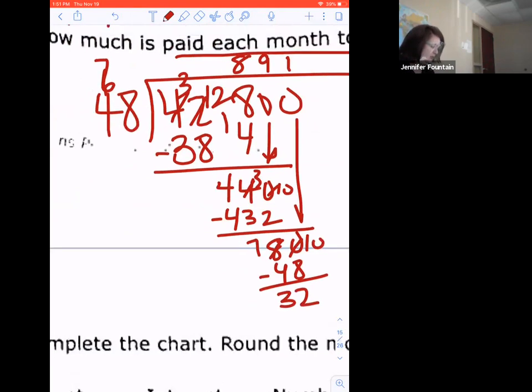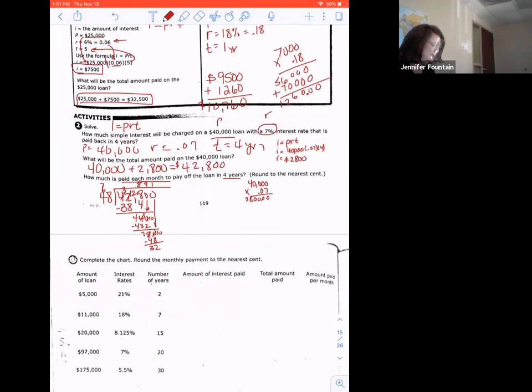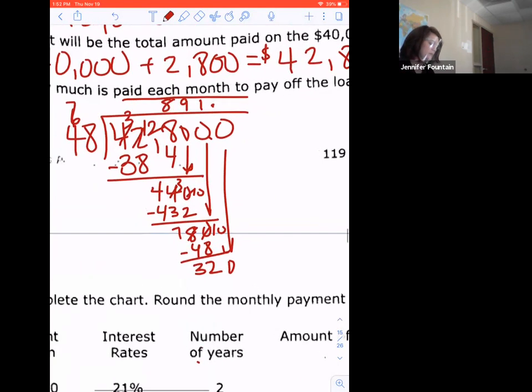And it told me in the directions how many decimal places to go. Round to the nearest cent. Okay, so I know I've got to go 2 places after my decimal, actually 3 places. All right, so I'm going to add another 0, bring it down. 48 will go into 320. 6 times 8 is 48.